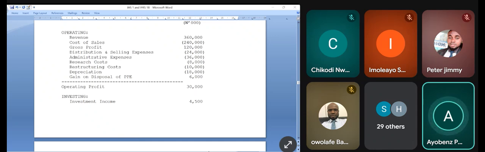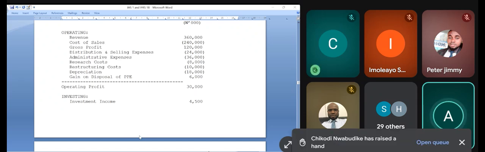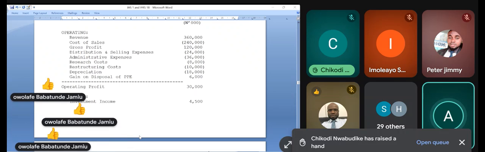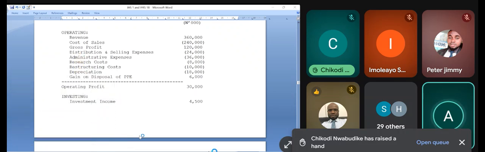But I'm sure that if they want you to put it in distribution or admin, they will tell you. But in case they are silent, you can put it in any of these three. But please note, the one that you can put under distribution and selling is the one that has to do with distribution and selling itself. Please take note of that. And then, if they are silent, you can put it in administrative expenses, or under other operating expenses. Chikodi, you are raising your hand. Go ahead.